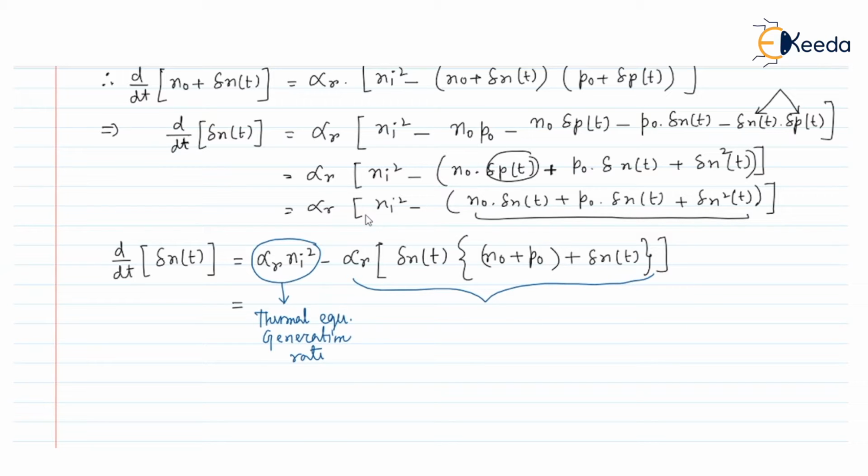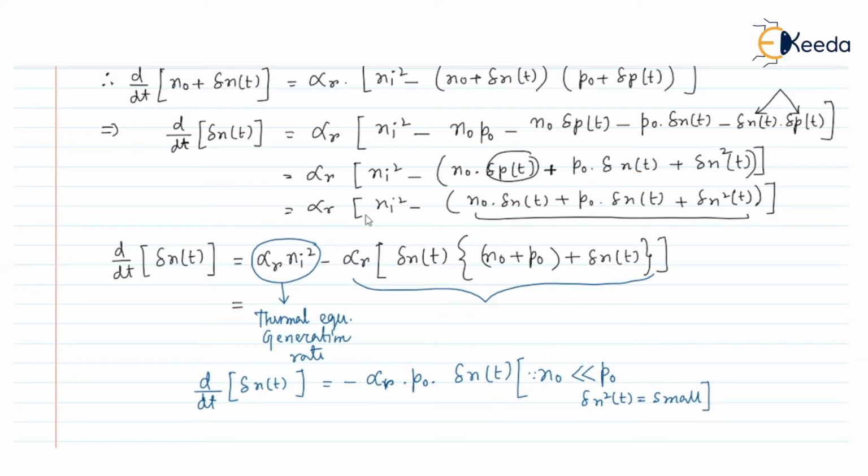So let us see that d/dt of δn(t) can be written as minus αr into p0 into δn(t), because the n0 value is very much less than the p0 value, because we have considered a p-type semiconductor, and δn²(t) is a very small value.